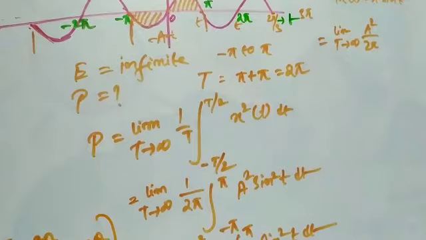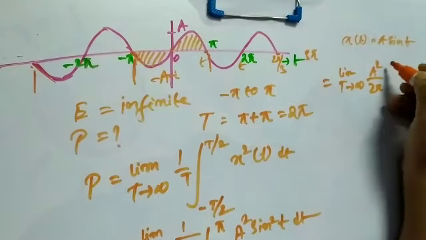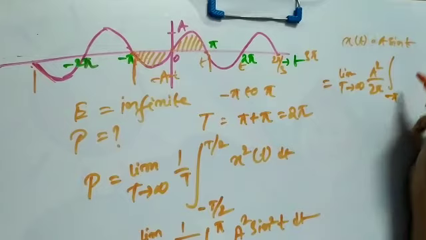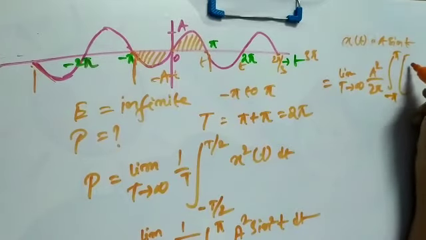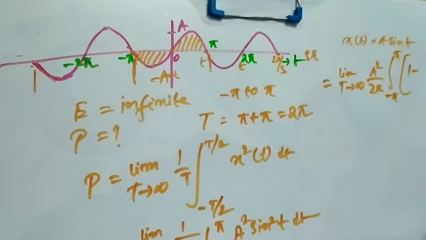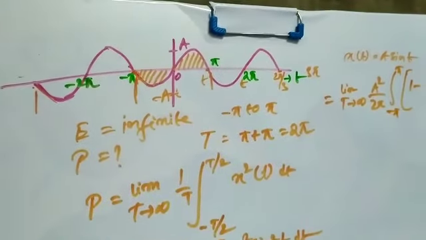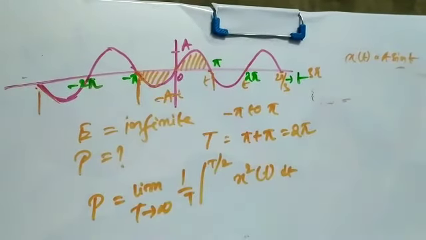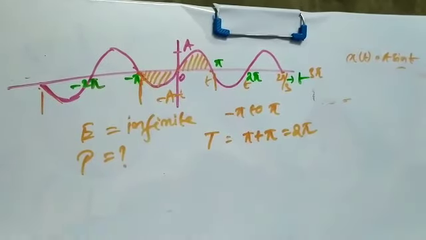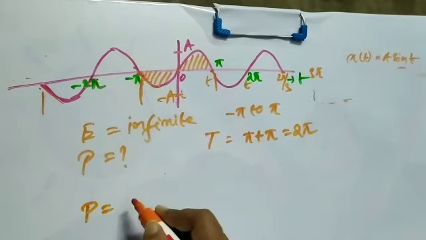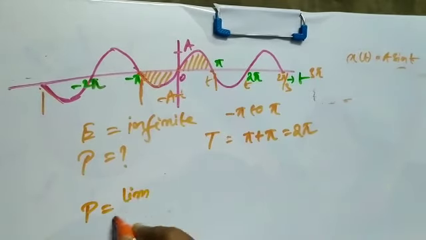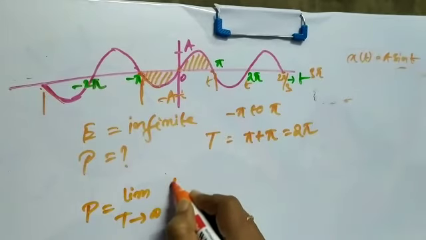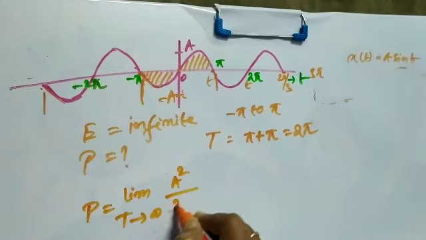So recall that and use this formula. Here P equals limit T tends to infinity A square by 2 pi.